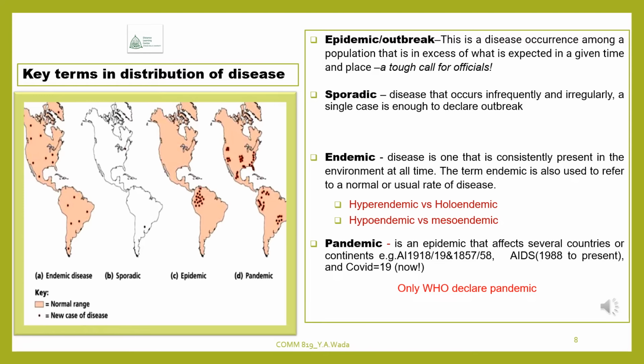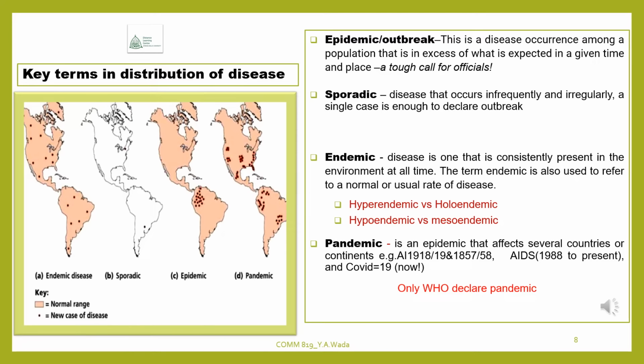Okay, it can be declared depending on the location where the outbreak is observed. Then the second is sporadic. Sporadic, this is disease occurrence that usually occurs infrequently and irregularly, in which a single case is enough to declare an outbreak.